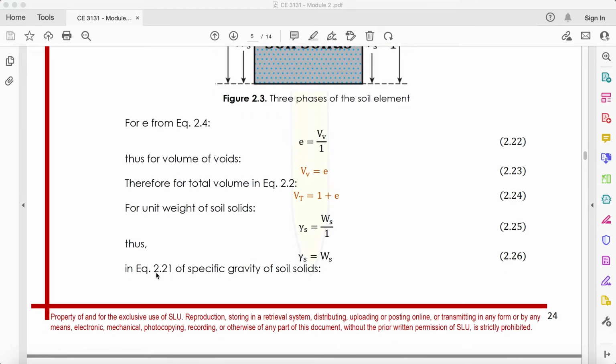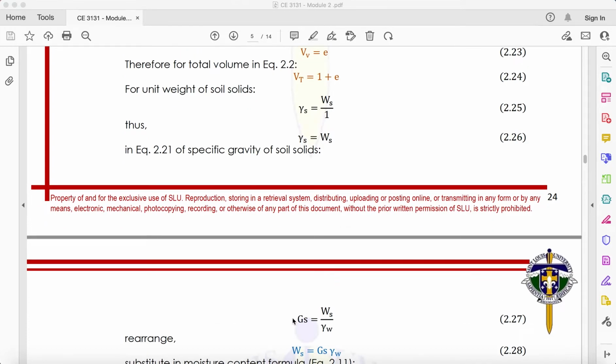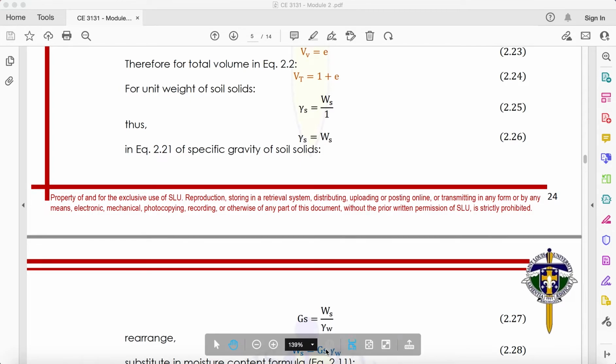Now in equation 2.21 of the specific gravity of soil solids, the specific gravity or Gs is equivalent to the weight of the soil over the unit weight of the water. So we simplify this by cross multiplying. Weight of soil therefore is equivalent to the specific gravity times the unit weight of water.